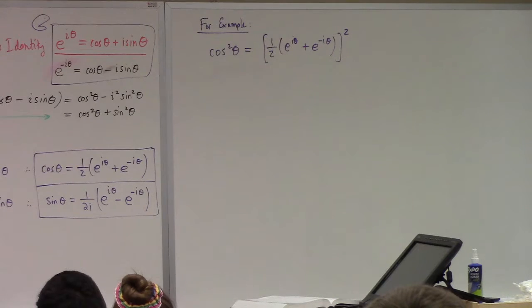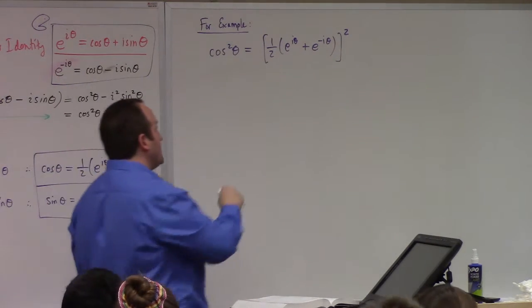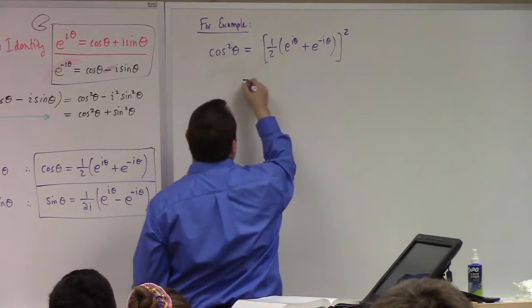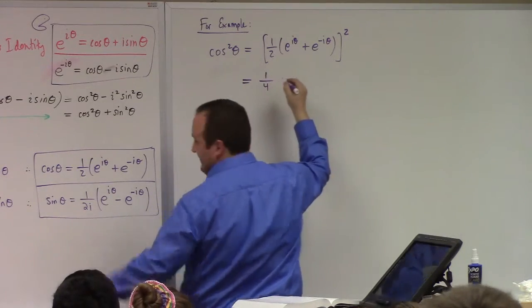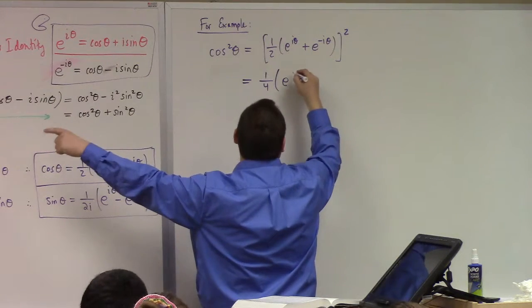We used the adding angle identity, putting theta plus theta. It gave us cosine squared theta minus sine squared theta. Then we used the Pythagorean identity, and solved for cosine squared theta yesterday. So we're taking a radically different approach to that problem now. This gives us 1/4. It's the same calculation as that, but now with i.